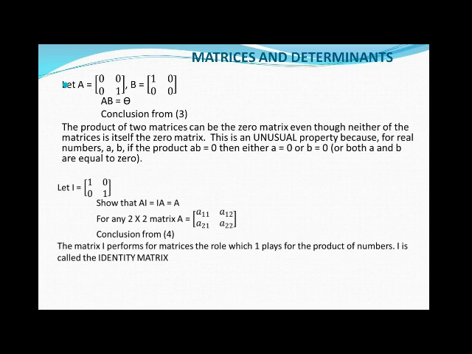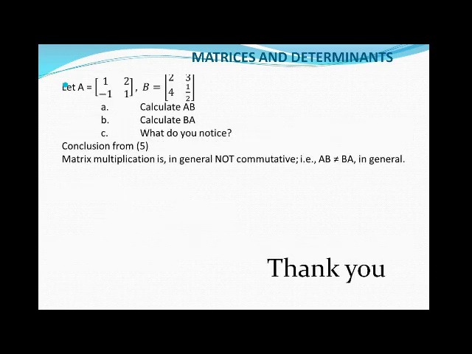Now, the conclusion we can derive from it is that the identity matrix plays a vital role in the product of numbers. I is called the identity matrix.